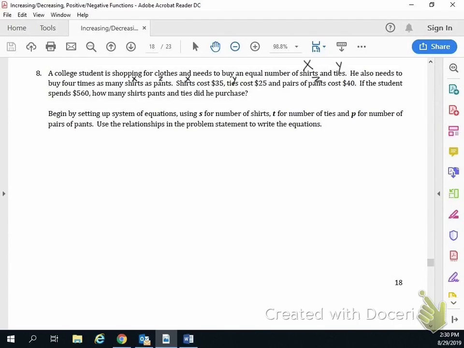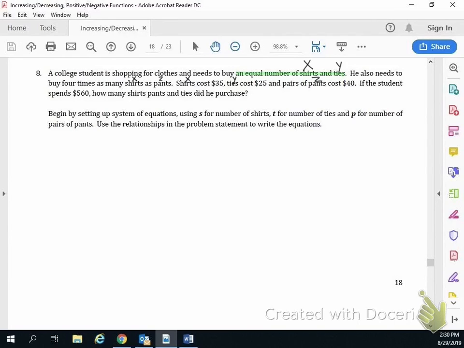So let's look at these equations. First sentence: he needs to buy an equal number of shirts and ties. So what equation is that going to be? If you're thinking of an equation that looks kind of weird, you're probably right.